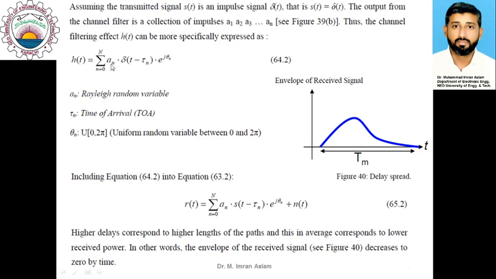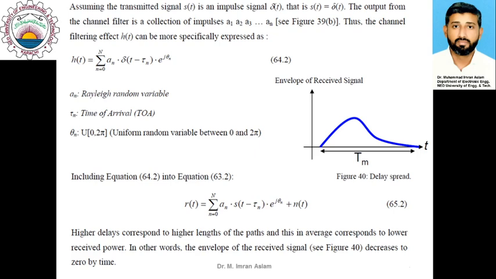So this amplitude generally follows the Rayleigh distribution for most wireless environments. The phase is actually uniformly distributed between 0 to 2 pi, so it generally follows a uniform distribution. The distribution of the time of arrival, Tn, is somewhat different, because it depends on the nature of the environment, and different types of environment exhibit different time of arrival distributions.